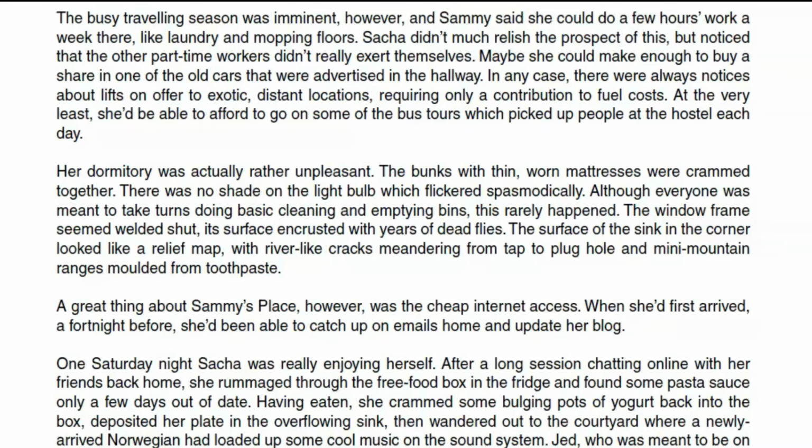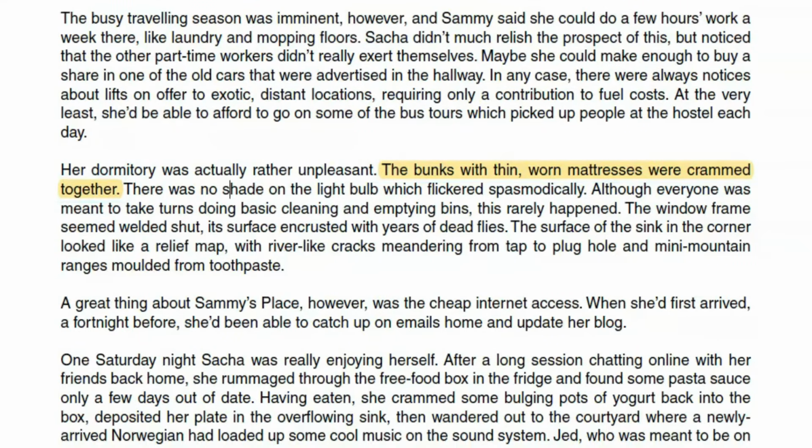Some lovely imagery there. So, of course, we have the fact that the bunks were thin and there were worn mattresses that were crammed together. So let's quickly highlight that. So I guess Mrs. Wilkie's first concern is that the beds are just uncomfortable. We also have the fact that there was no shade on the light bulb, which flickered spasmodically.